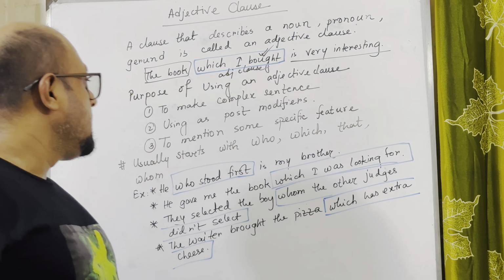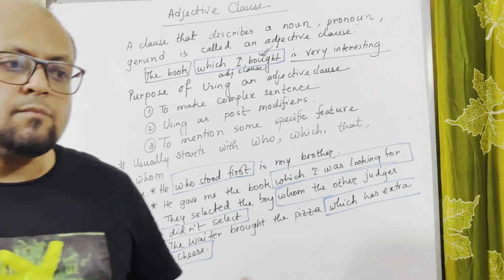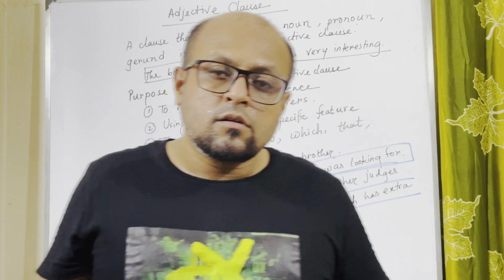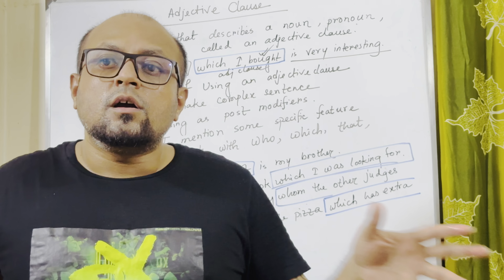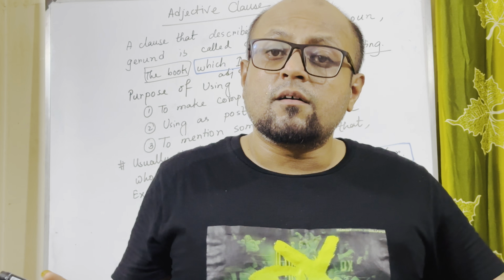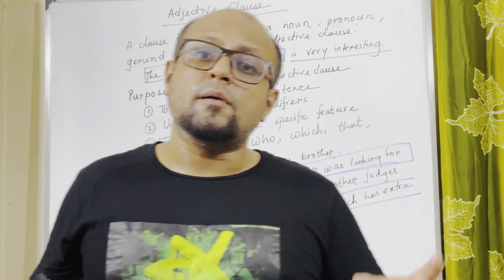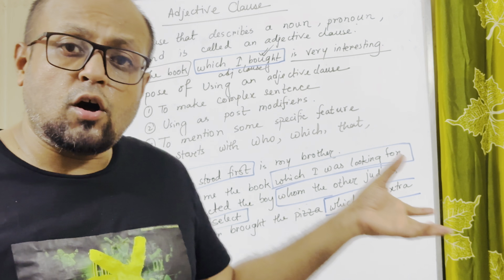Number three, to mention some specific feature. Suppose you want to mention a common noun, but you want to mention some specific qualities or attributes about that noun. You can apply an adjective clause for that.